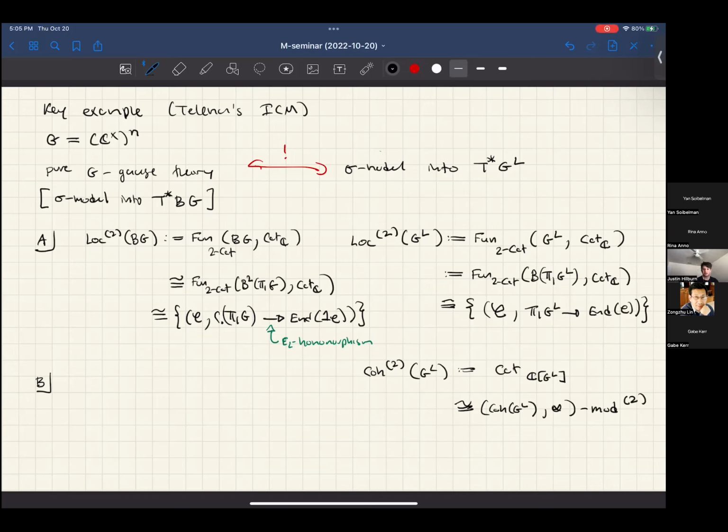Okay, so that's not so bad. And then this other one is actually literally the same. You just change the Langlands dual torus to G to BG everywhere. So this is the definition I'm going to use.